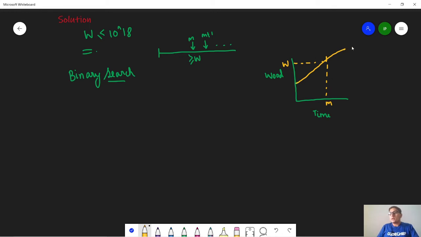This graph is actually monotonic, and binary search can only be applied to graphs that are monotonic, that is they are either increasing or decreasing. This graph is increasing, hence we can use this approach.